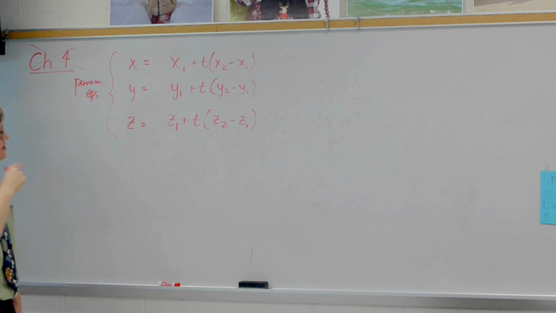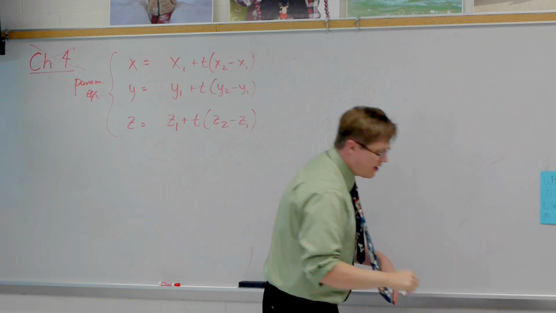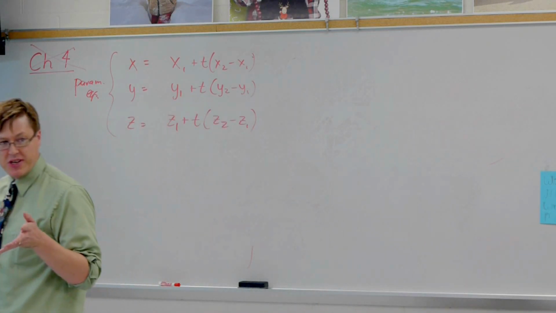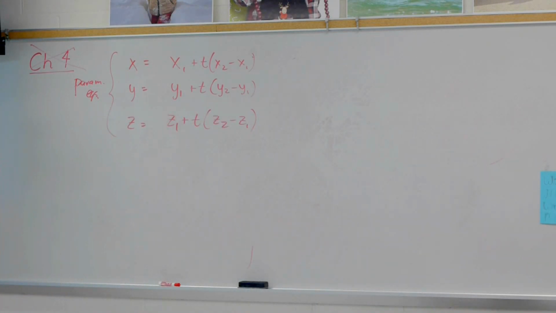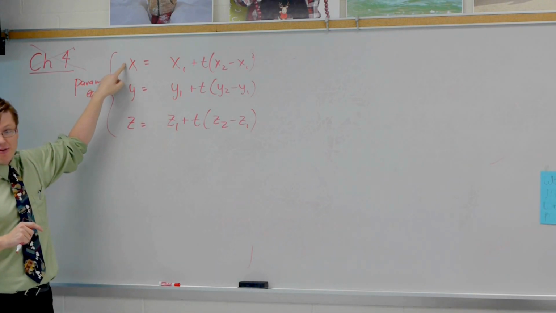But the reason I did this is I'm also now going to show you the symmetric equations of a line. The symmetric equation of a line is another way of writing the same information. Look at this first equation. I can solve for t here, right?